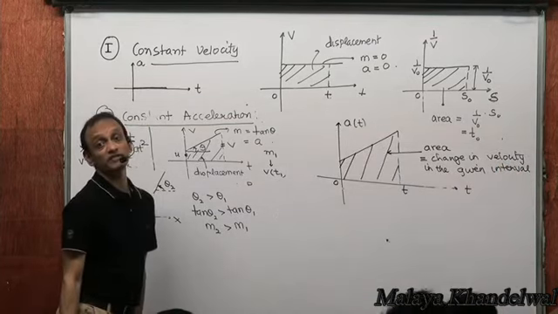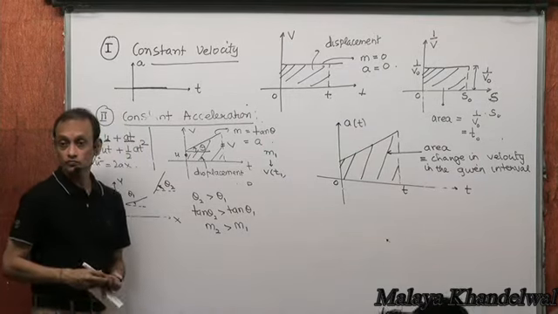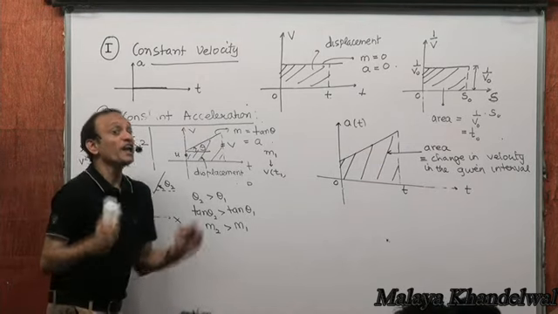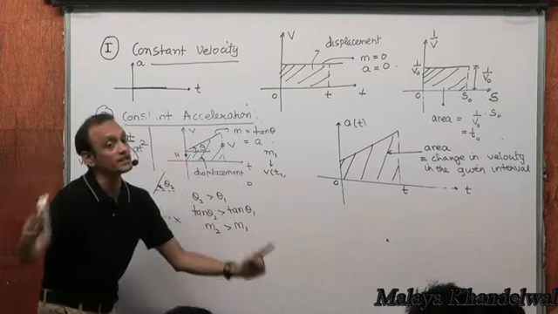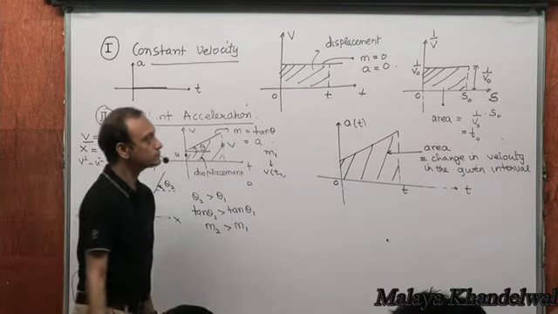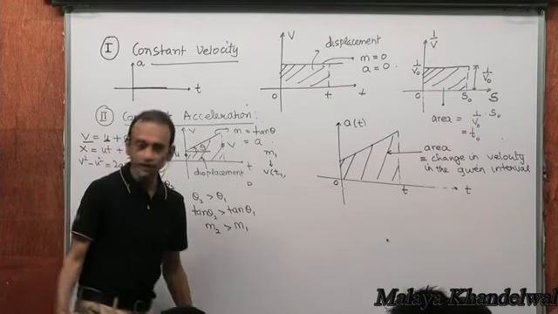Yes or no? So irrespective of whether acceleration is constant or not, area under the acceleration time graph will always represent change in velocity in a one-dimensional scenario, right? Makes sense to all of you, right?